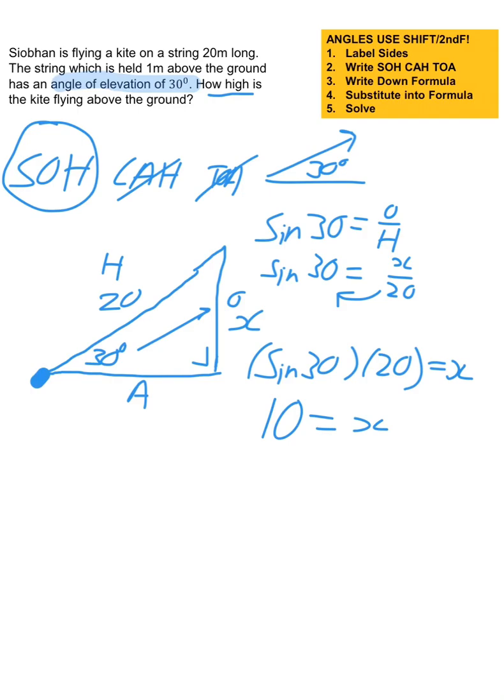We're also told that the string is held 1 meter above the ground. So here is 1 meter. And then x was 10. So between here, we add these together now. So 10 plus 1 is 11 meters.